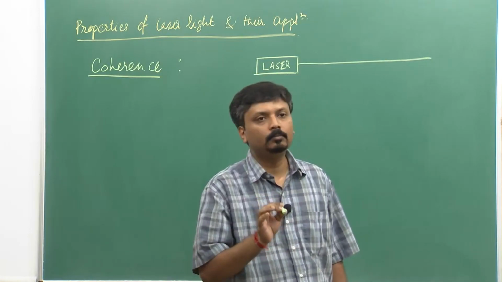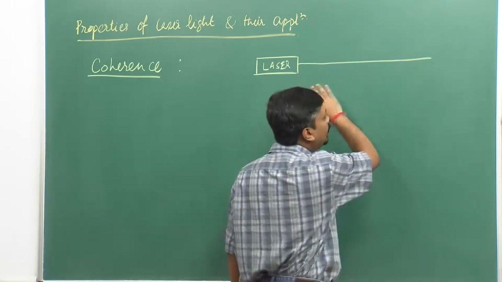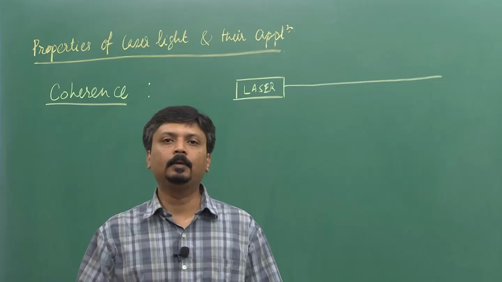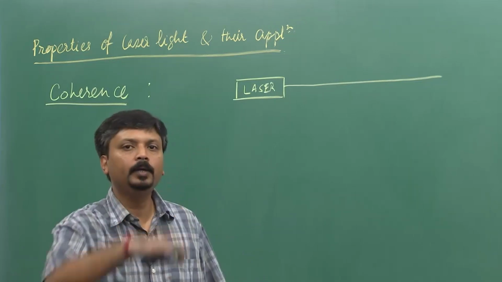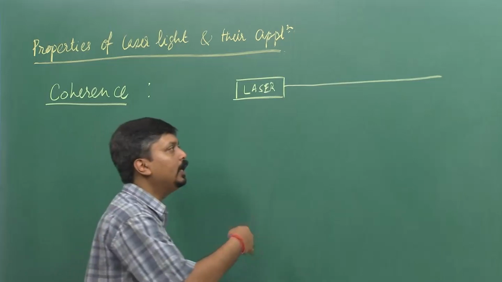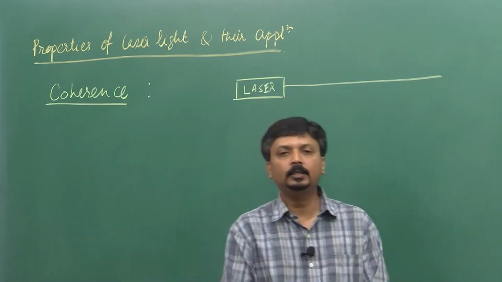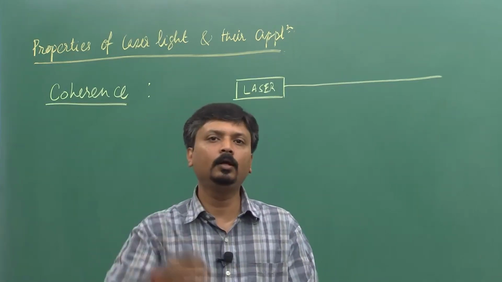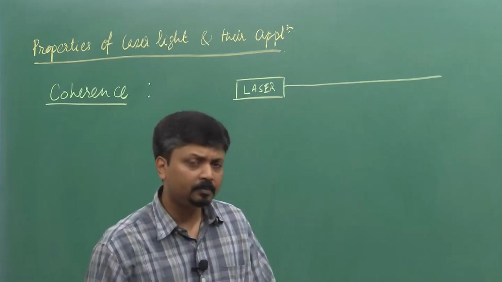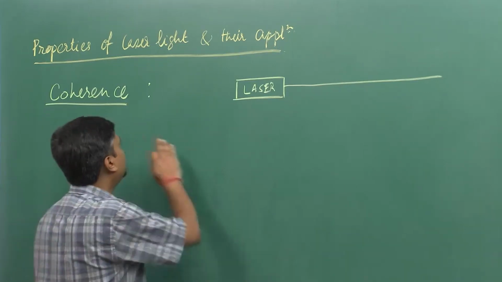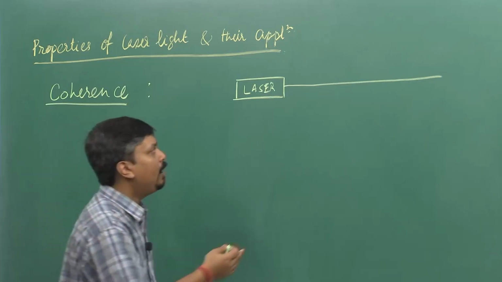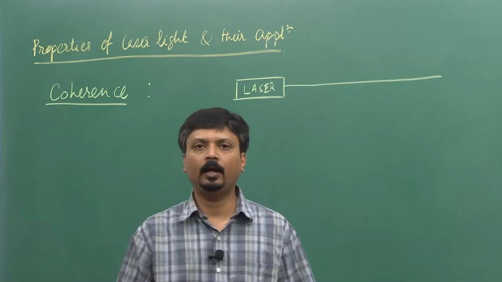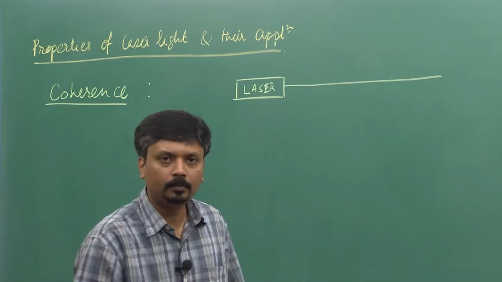There we said that they are more or less parallel, and after a certain distance they become broader, the beam width becomes larger. That is because of a property called divergence. So the beam does not remain collimated beyond a certain distance. That distance may be really long, and that distance can be short also. Here also, in case of this property coherence, do we have this coherence intact at infinite distance or not?